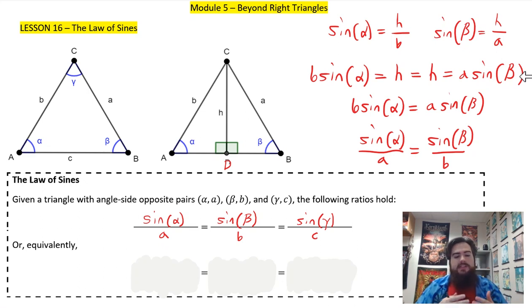The law of sines is this set of three ratios, this set of three fractions that are all equal to each other. And the way that it tends to be used is by choosing any pair of them and setting them equal to each other.